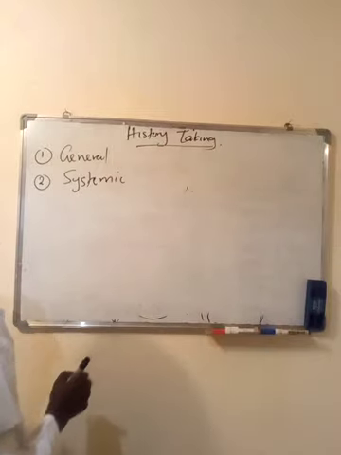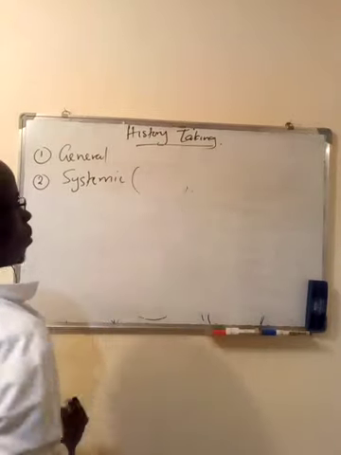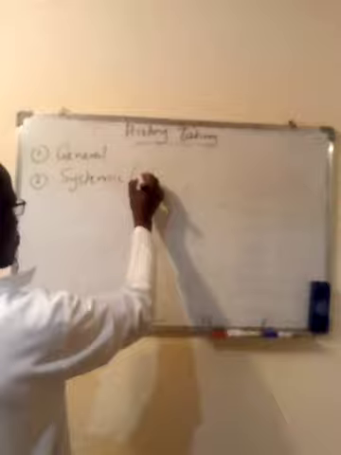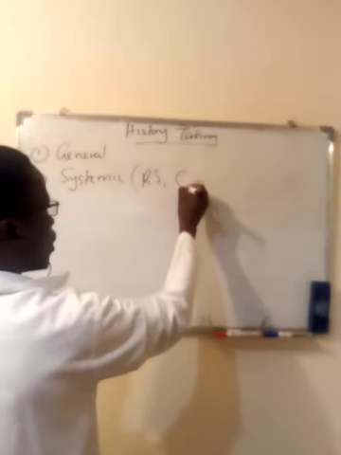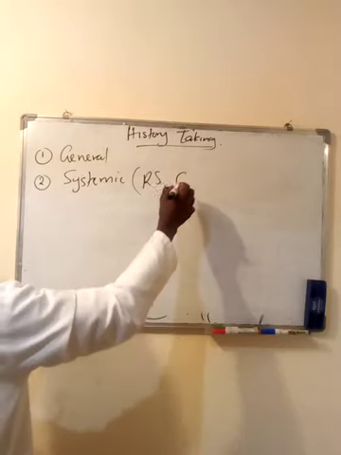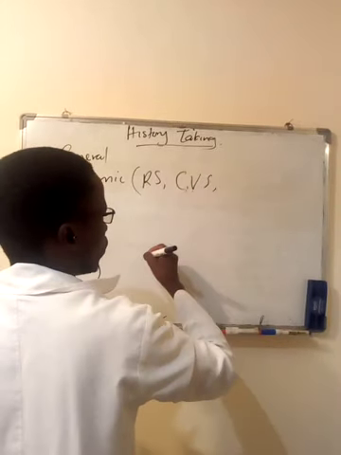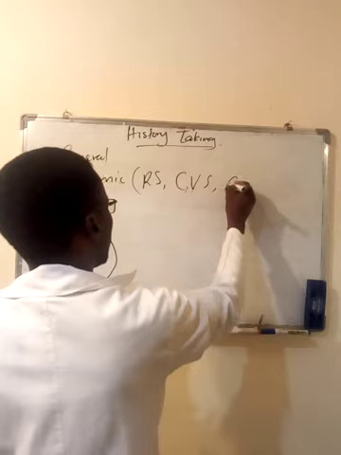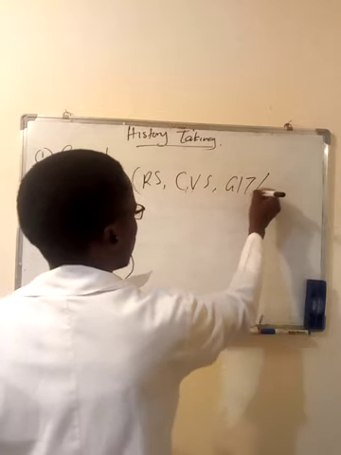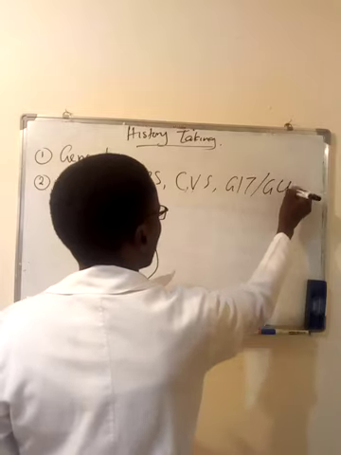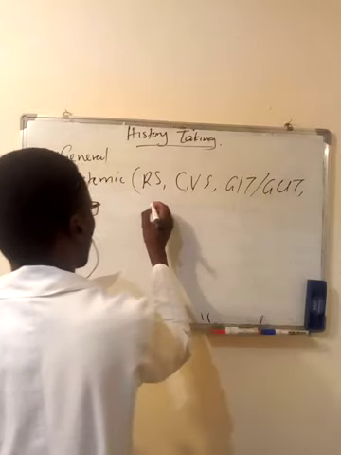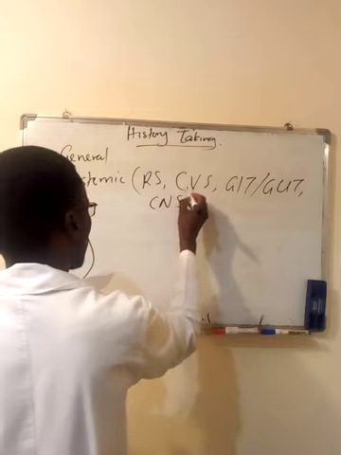Under systemic, we look at the respiratory system, then the cardiovascular system. Then we have the GIT and GUT. Usually, these ones we consider together. And then we also have CNS.